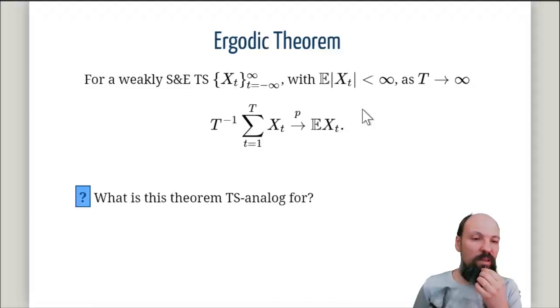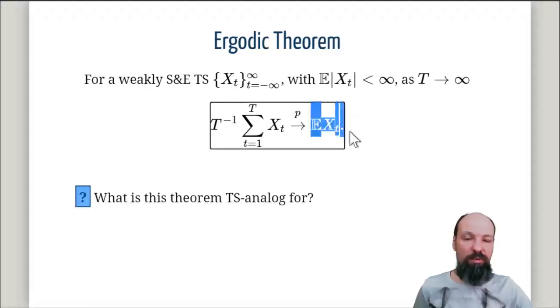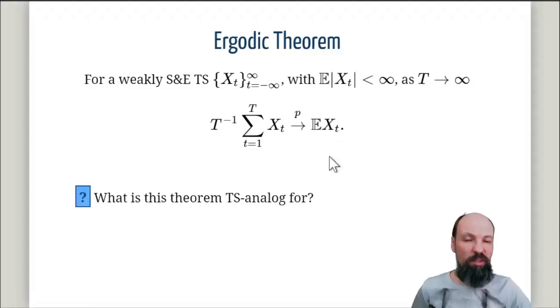This is the stationary and ergodic time series case for something that we called what? In the case of random samples and IID observations, the sample average converges to the population mean or population expectation. You saw it many times.